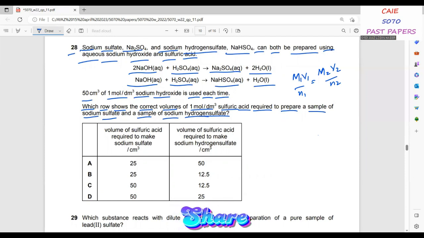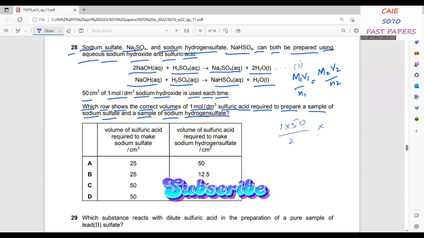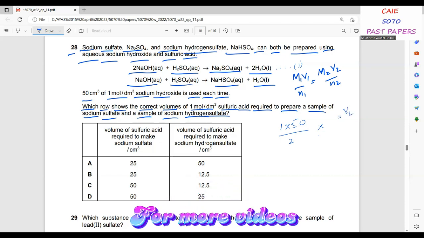For example, for equation number 1, we will consider M1, V1 and N1 for NaOH. M1 is 1 mole per dm³, the volume will be 50, and the number of moles of sodium hydroxide will be 2. We want to calculate the volume of sulfuric acid, so we'll write V2 on the right-hand side, and both M2 and N2 will shift to the left-hand side.